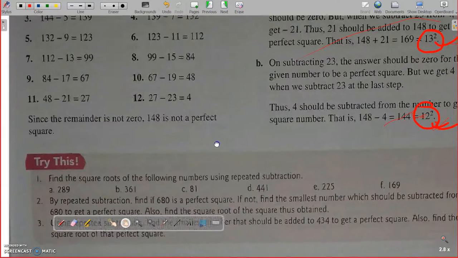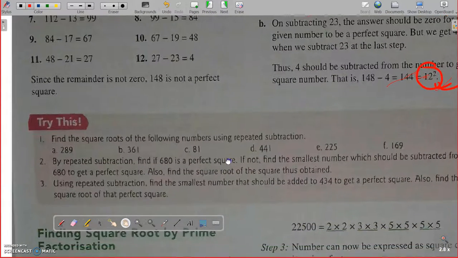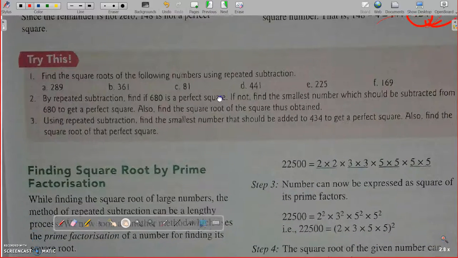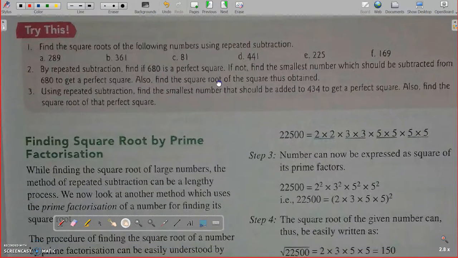So now here again comes the Try This section. Find the square root of the following numbers using repeated subtraction. Of course, here you have to use repeated subtraction only to find the square root. Will you be able to find the square root by the repeated subtraction method? No need to explain any question.